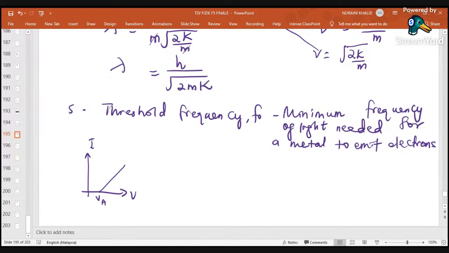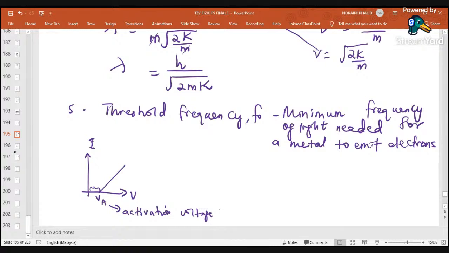At this point, you can see intensity 0, which means if the voltage is less than this value, we call it activation voltage, there's no current produced, meaning no photoelectric effect occurs.